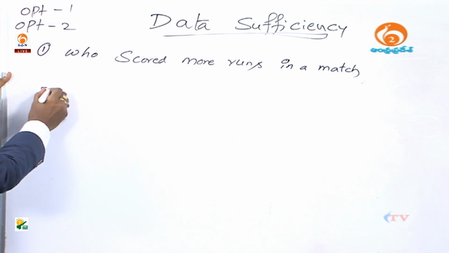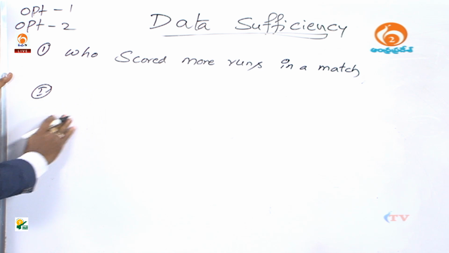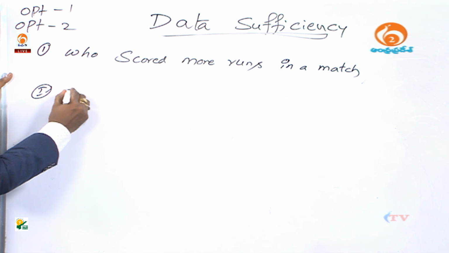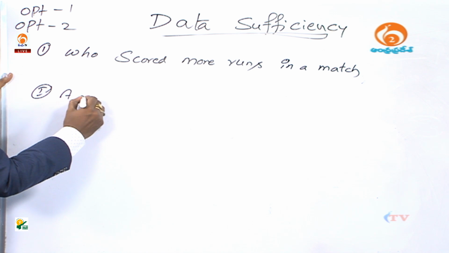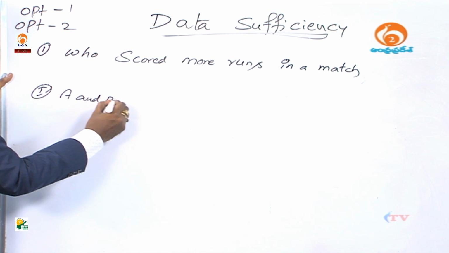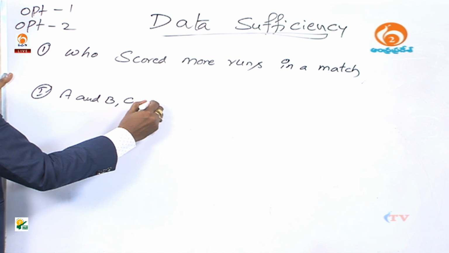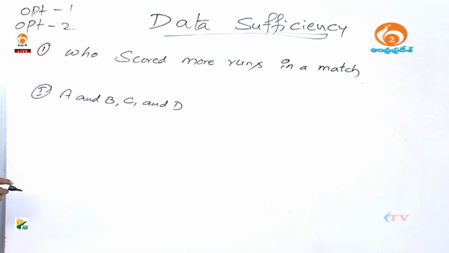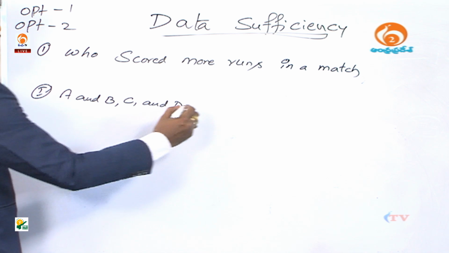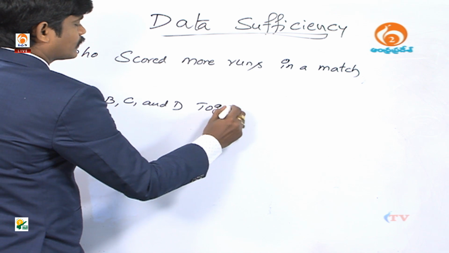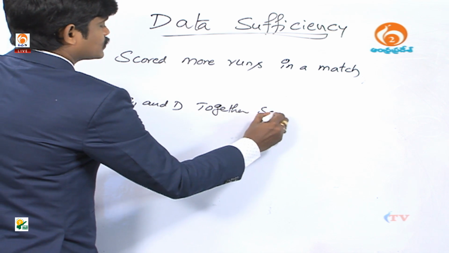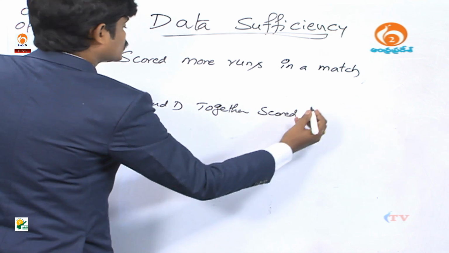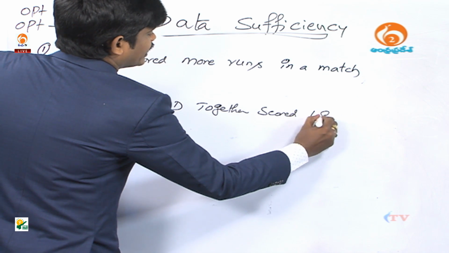First conclusion: A and B and C and D together scored 180 runs.